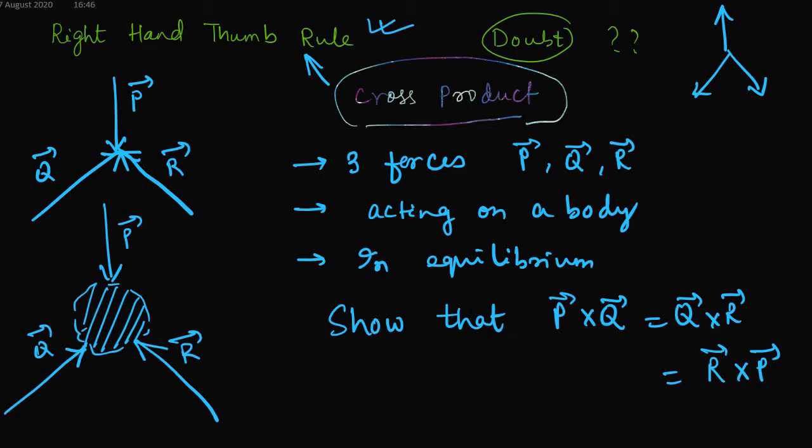P cross Q like this equals Q cross R like this equals R cross P. So how are we going to solve it? Now this is a pretty good question and it is also applicable in many other cases, and the example will be Lami's theorem. So before that we need to solve how to do it, okay?